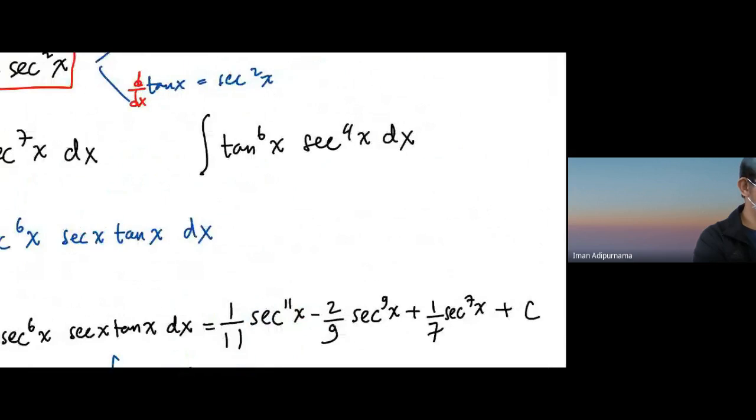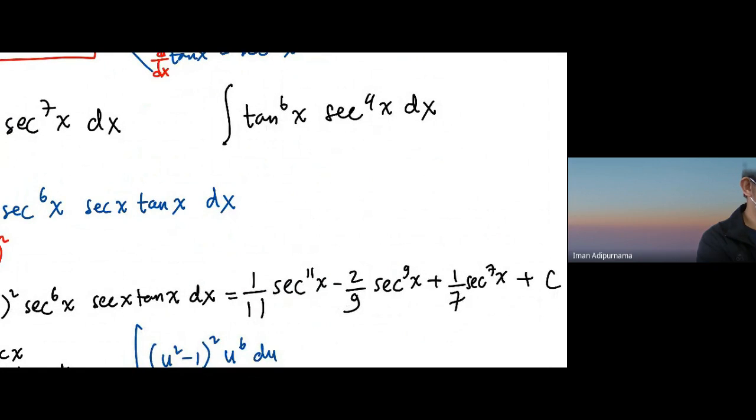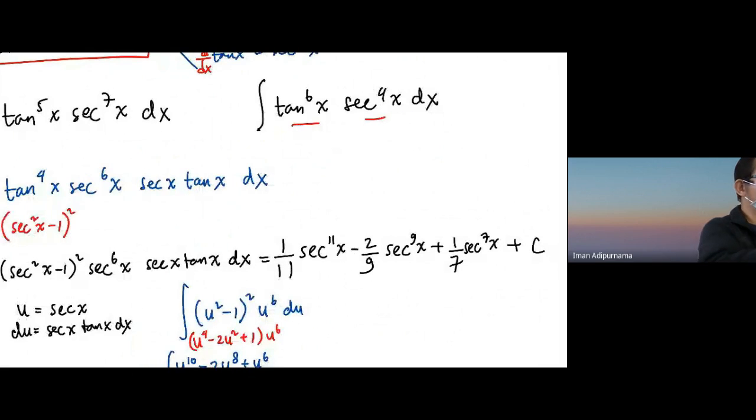The second part, if you have tangent with power of 6 and secant with power of 4. For tangent and secant, if you see those two, you can think to substitute u equals secant or tangent. When you substitute, you need to remember to separate either secant tangent x or secant squared x.